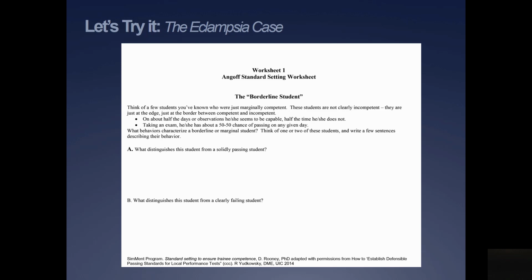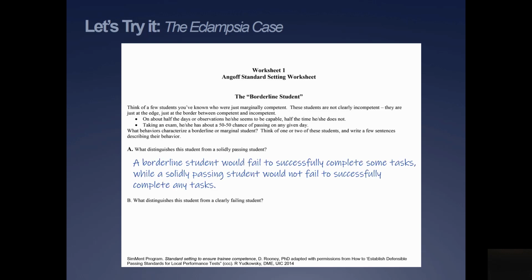I would ask my colleagues individually what distinguishes the borderline student from a solidly passing student. Let's say a colleague says a borderline student would fail to successfully complete some tasks, while a solidly passing student would not fail to complete any tasks. So some tasks would not be successfully completed.